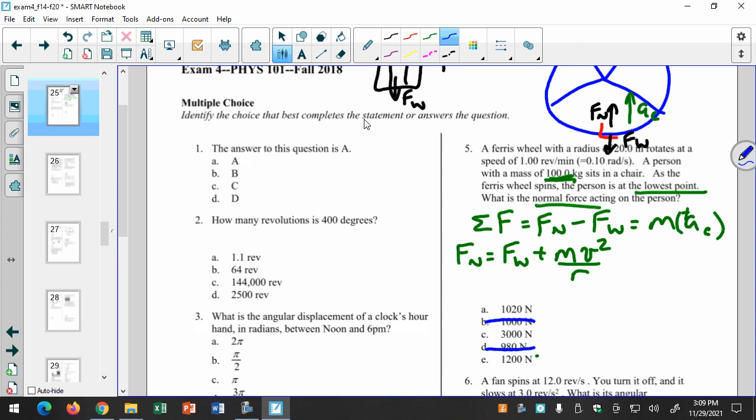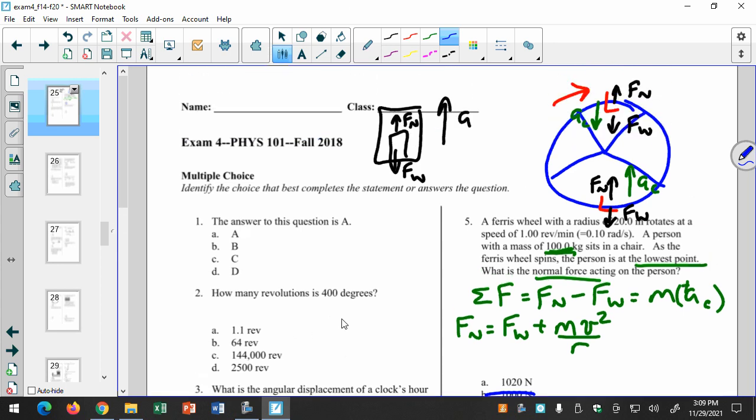Okay, so let's notice up at the top of the trajectory, let's look at the sum of the forces here. The sum of the forces at the top will be Fn minus Fw is equal to m a_c. At the top of the trajectory, this centripetal acceleration is negative.